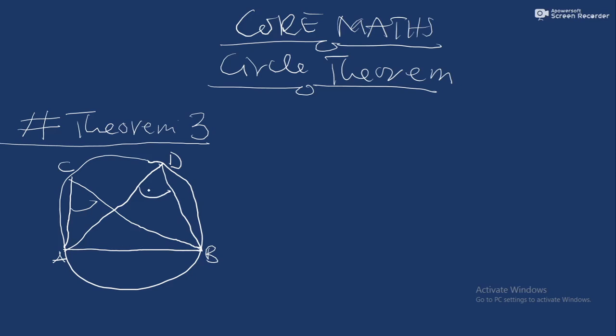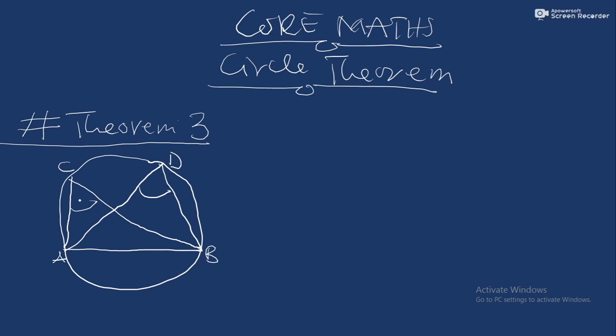D. So the theorem is saying that if a chord forms an angle here at this side of the circumference, and the same chord forms another angle here at the same segment, then the angle here and the angle here are the same.